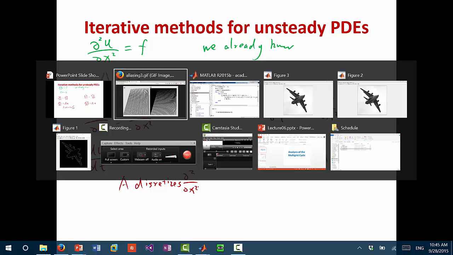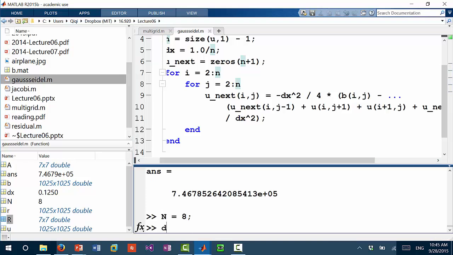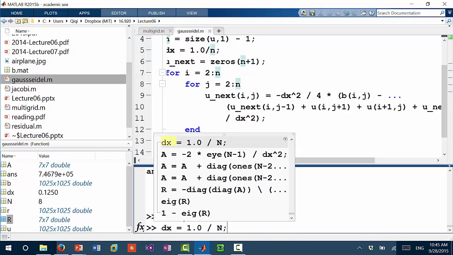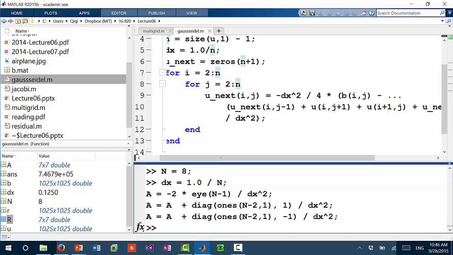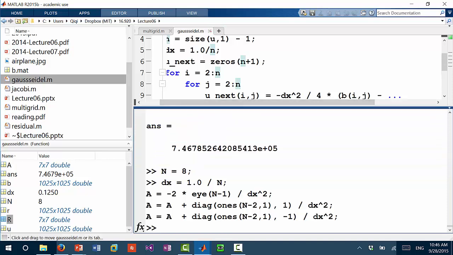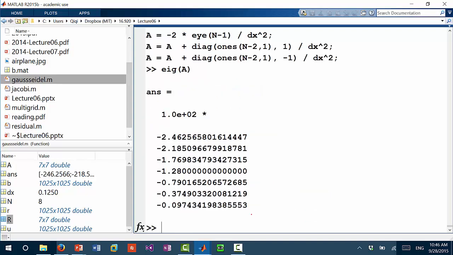Let's go to MATLAB and see if we have the case. Let's construct our matrix A, without doing the Jacobi iteration, and look at the eigenvalues.